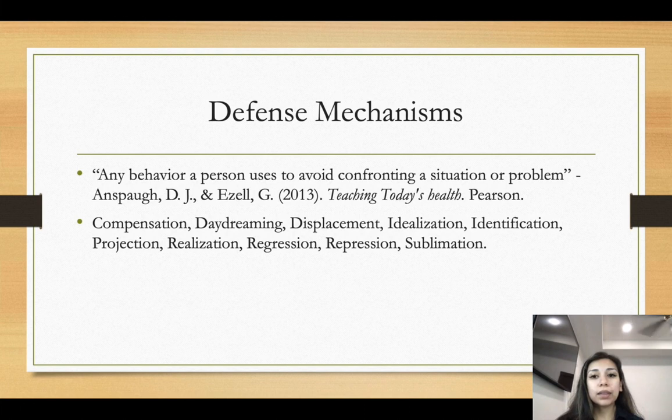So when a student is dealing with a difficult time and they use a defense mechanism, I'm going to give the example of daydreaming. They'll begin to daydream. They'll kind of use that to take themselves out of the situation. It's a form of defense to them. So it just depends what the child is going through or what he or she has gone through.